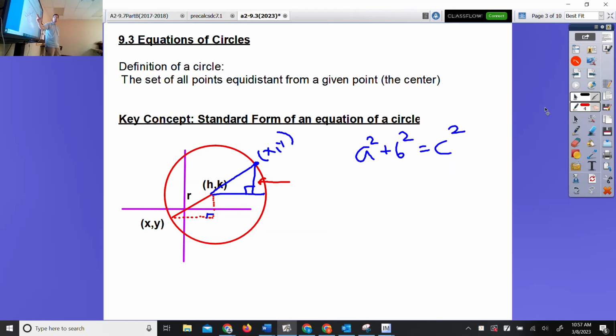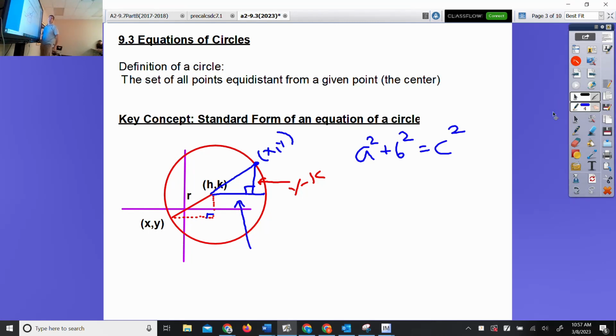What if this y was a 5 and that k was a 2? How tall would this thing be? 3. That leg of that triangle is the higher y value take away the lower y value. It's y minus k. That's what the height of that triangle is.